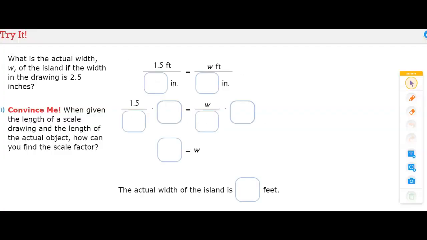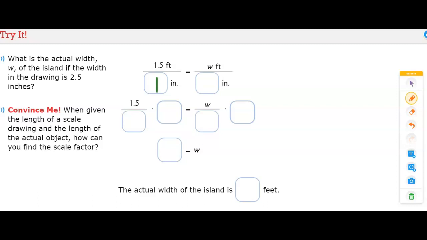What is the actual width, W, of the island if the width in the drawing is 2 5/10 inches? So, according to the example, we have for the scale that 1 5/10 feet is equal to 1 inch.